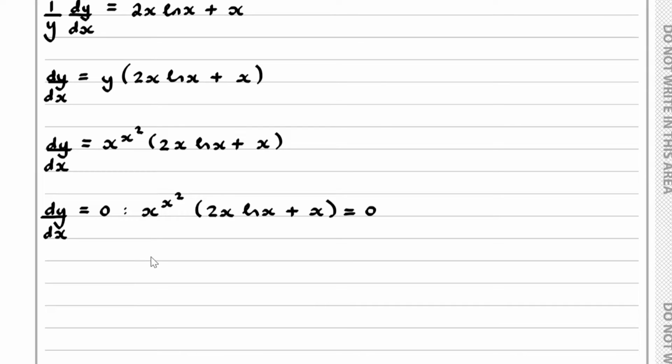Now, either we have x to the x squared equaling 0, or 2x times the natural log of x plus x equaling 0. Now what we will do beforehand is we will factorize out the x. So we have x to the x squared multiplied by x multiplied by 2 times the natural log of x plus 1 equaling 0.